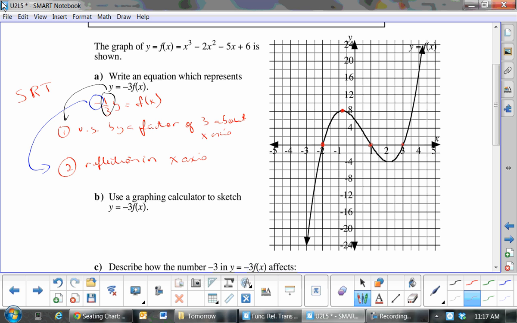So, it is about a negative 0.88. So I'm just worried about the y. 8 is going to multiply by 3. It's going to come all the way up to 24. Now, if I do that local or relative min, that would be negative 4 times 3 is negative 12.